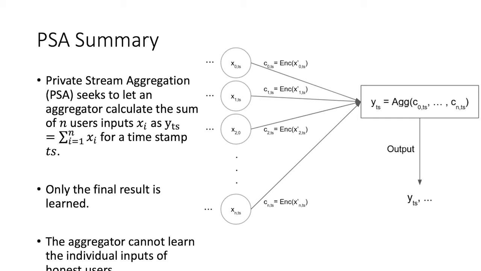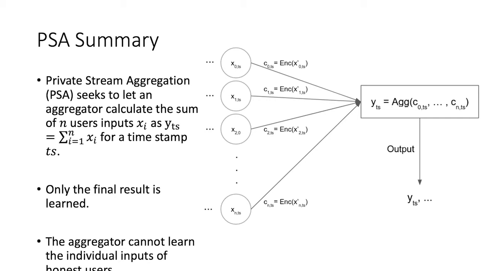As a brief refresher, for those of you who may not be familiar, PSA, or private stream aggregation, is a protocol that seeks to let an aggregator compute a sum of a set of n users' private inputs x, for a particular timestamp, which we'll call TS.